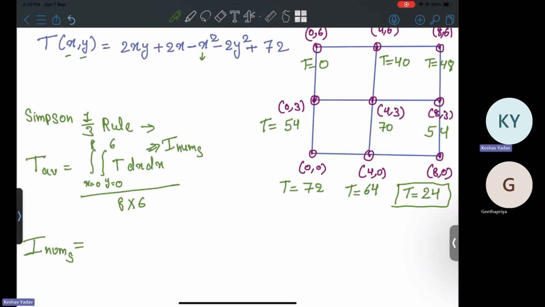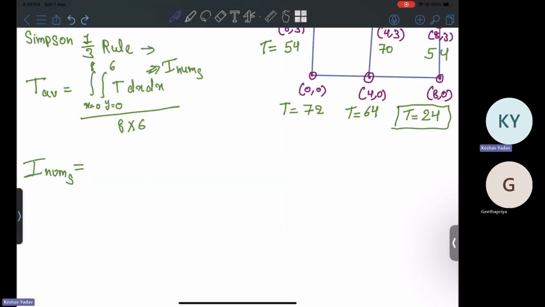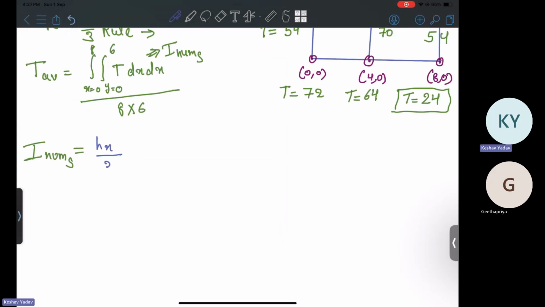So this is my whole grid. I can first integrate in the direction of X. Then at each X, I can integrate for Y. Suppose I am writing for the case of X, the value will be Hx divided by 3. Here we have the 3 nodes.